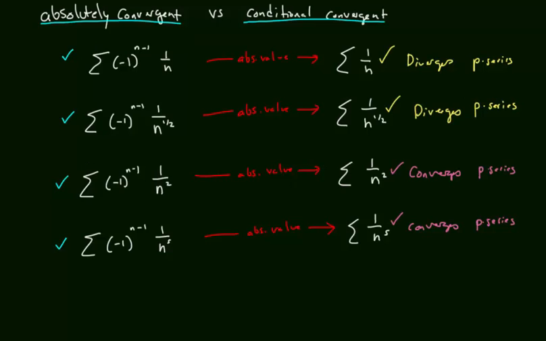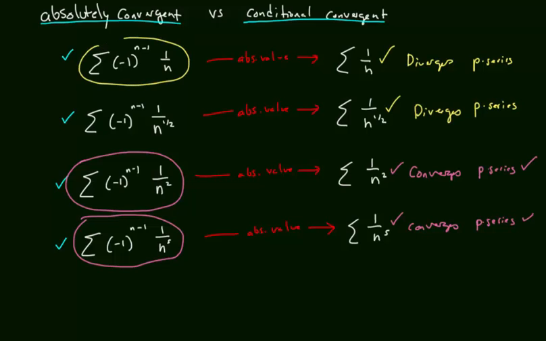So we come back over here and say this one is absolutely convergent, meaning if I take the absolute value, it still converges. If I take the absolute value of this, it still converges. Whereas in the first two, they are conditionally convergent, because when I take the absolute value, it then becomes a divergent series.